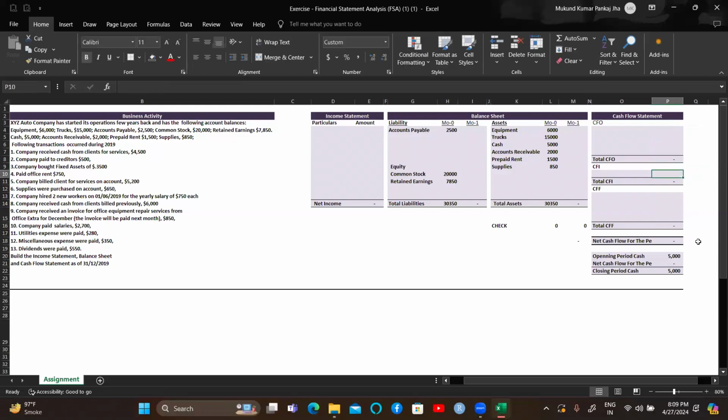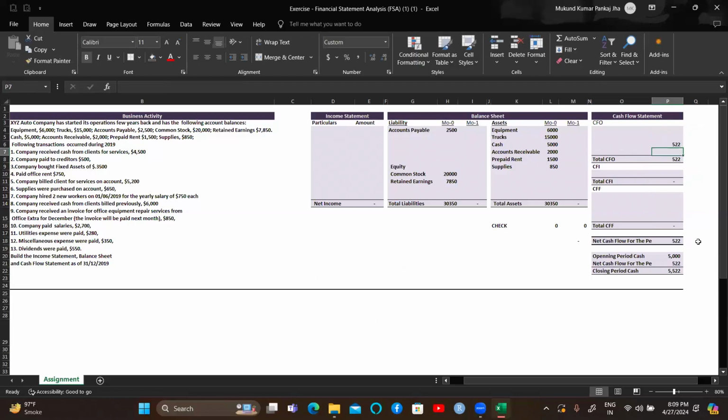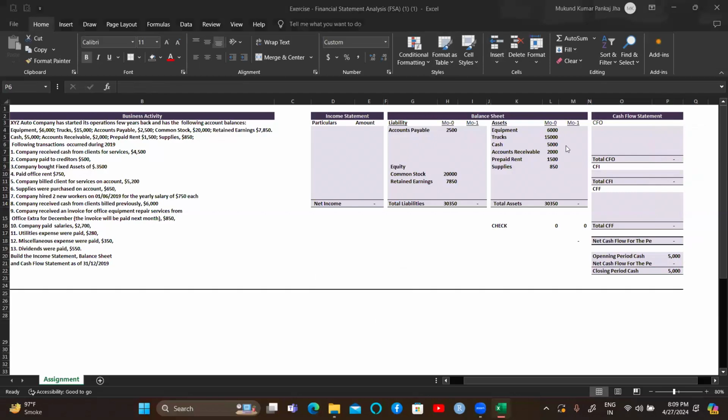Perfect. So any difference that happens over here, I just want that difference to be affected in this part, and that is happening, which means that I have made this part at least correctly.